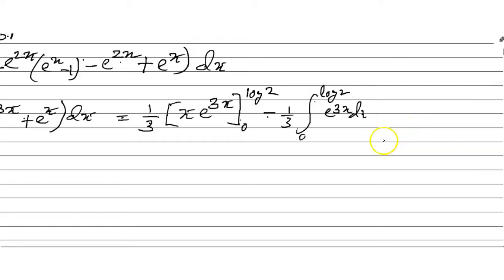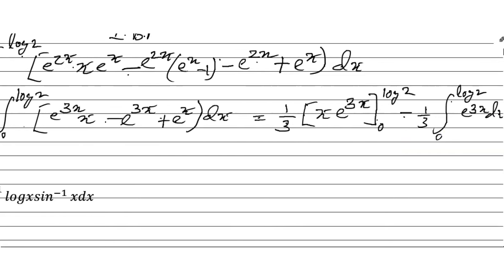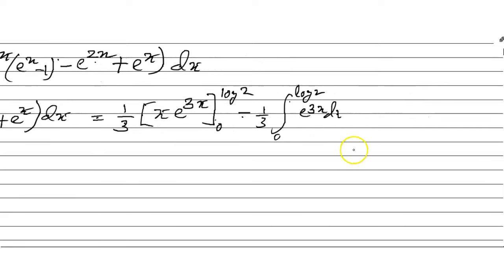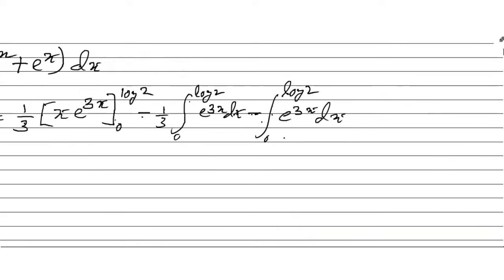I am just using IBP. So e to the power 3x dx minus 0 to log 2 e to the power x dx.